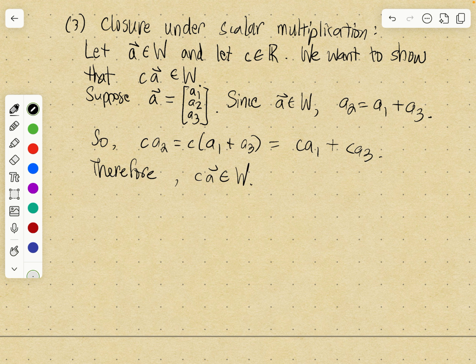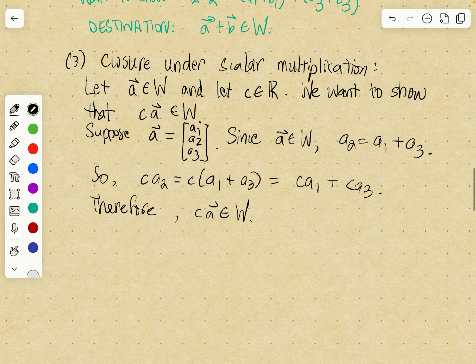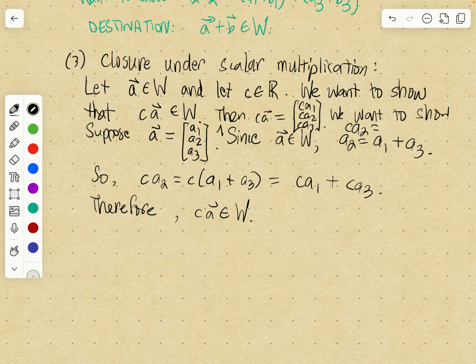If you wanted to write out a bit more detail, we could include a sentence here that says, then CA is CA1, CA2, CA3, and we want to show that CA2 is equal to CA1 plus CA3.